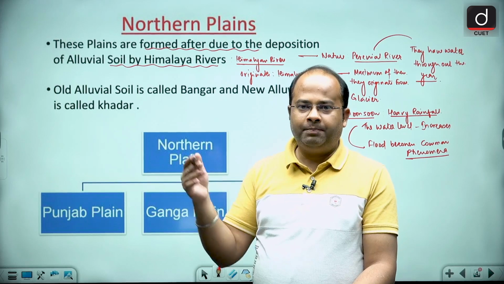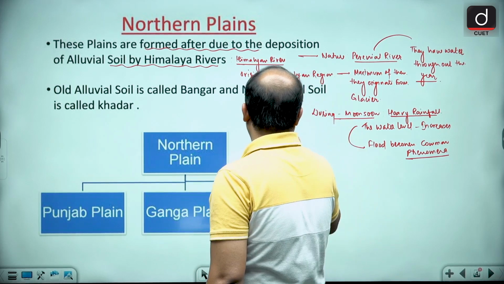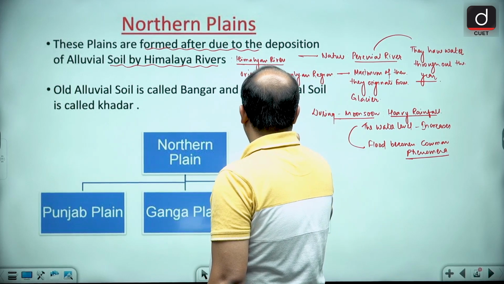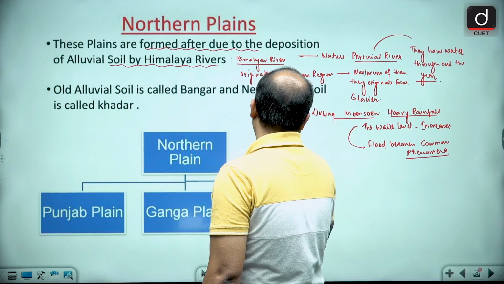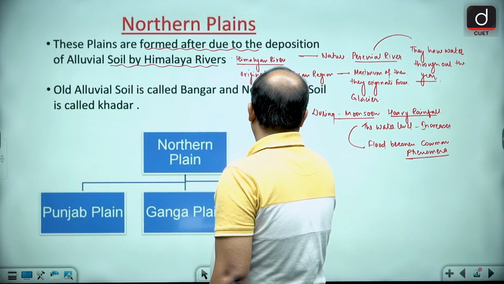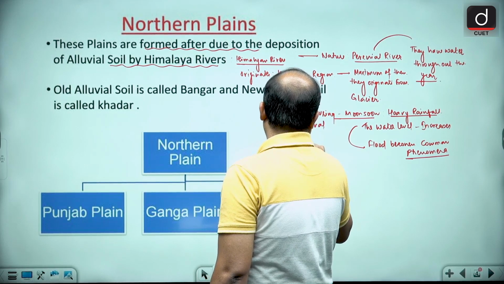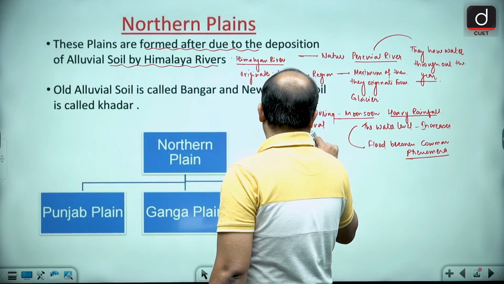find that there is deposition of alluvial soil. So when the flood becomes a common phenomenon, with the flood, alluvial soil comes.